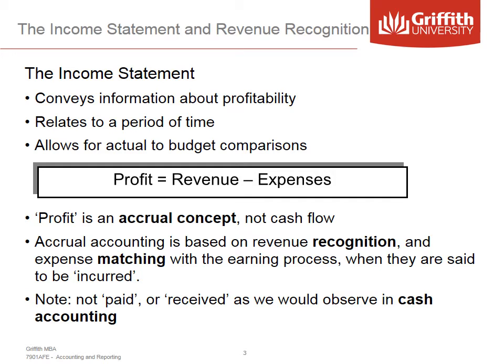We are talking about expenses incurred and revenue which is earned. So that is the key and fundamental difference between cash accounting and accrual accounting. Now, just so that you understand the importance of understanding this difference, all accounting, except perhaps the most simple example you could think of, perhaps the local cricket club, is done on the basis of accrual accounting.